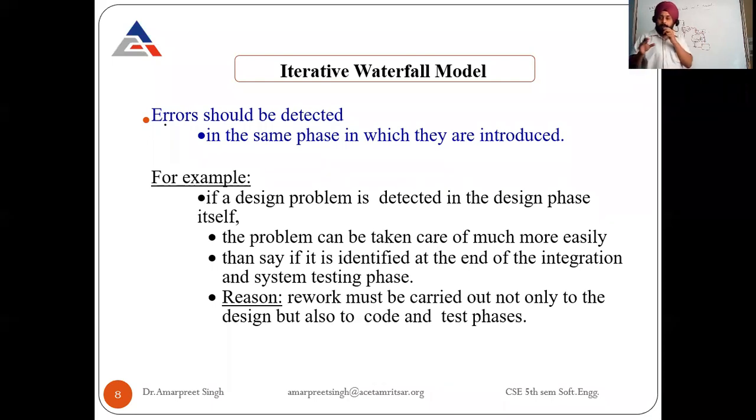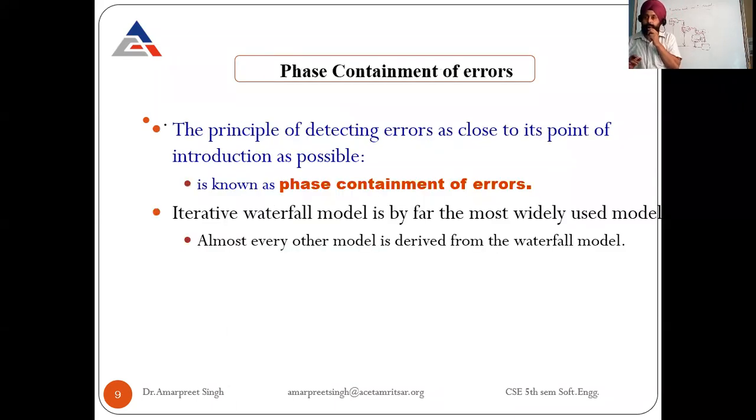So this is the procedure followed in the iterative waterfall model. There is a term, phase containment of errors. The principle of detecting errors as close to their point of introduction as possible is known as phase containment of errors.